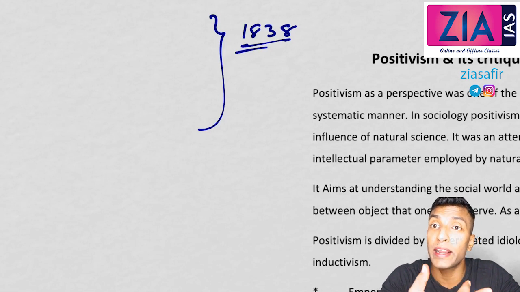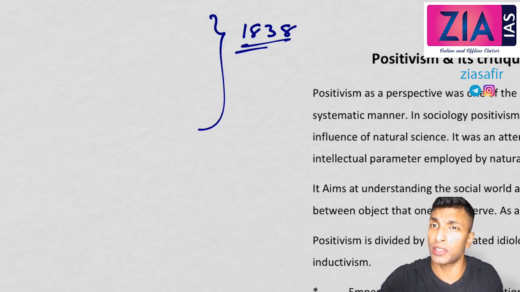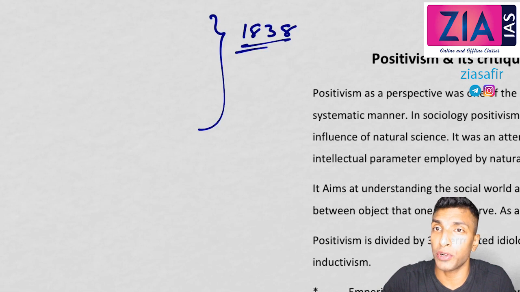Because at that time, intellectuals, academicians, and even common men were so obsessed with science, especially natural science. That's the reason why you can see initial sociologists are so concerned when we talk about Auguste Comte.